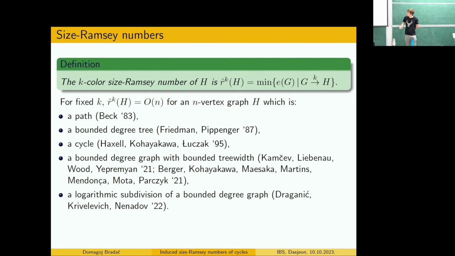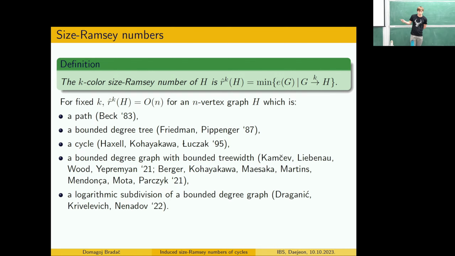The first result is due to Beck, who showed that the size-Ramsey number is linear for paths, which answered the $100 question of Erdős. Since then, it's known for several other classes of graphs, namely bounded degree trees, cycles, which I'll mention more later, bounded degree graphs with bounded tree width, as well as logarithmic subdivisions of bounded degree graphs.